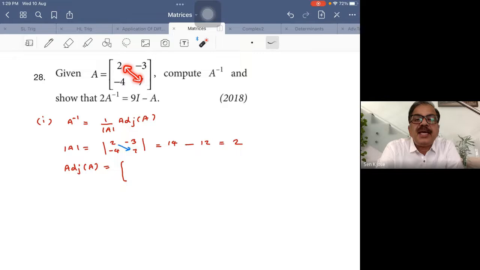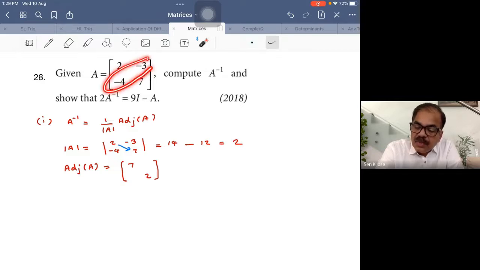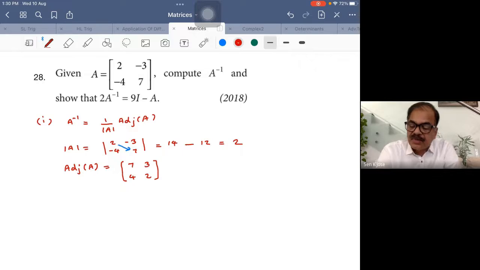When you look at A, pick up the diagonal elements and interchange their positions. These elements are to be interchanged. 2 and 7 will appear here as 7 and 2. And for the remaining elements, those two, you will make them opposite signs. If it is positive, it becomes negative. If it is negative, it becomes positive. So here it becomes positive 4 and positive 3. So that's adjoint of A.